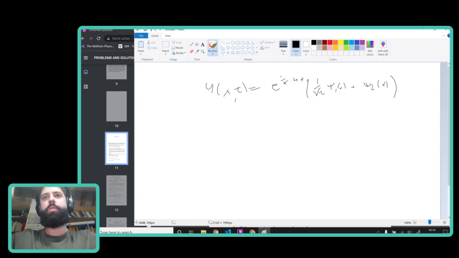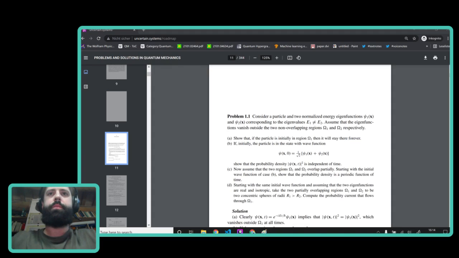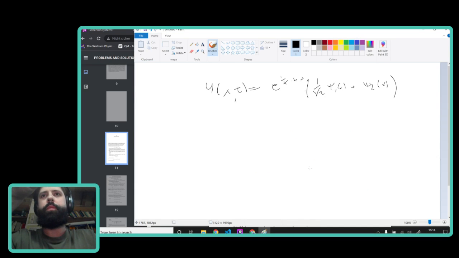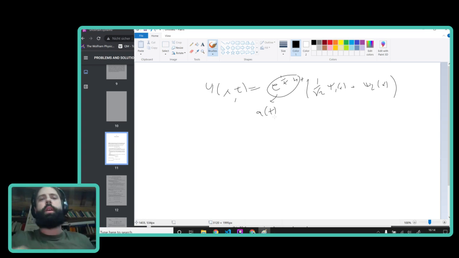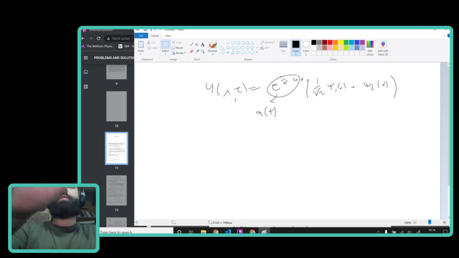What we want is the probability density, right? So we take the norm squared of these. I'm going to abbreviate that as a function of time, no, maybe that makes it more complicated.